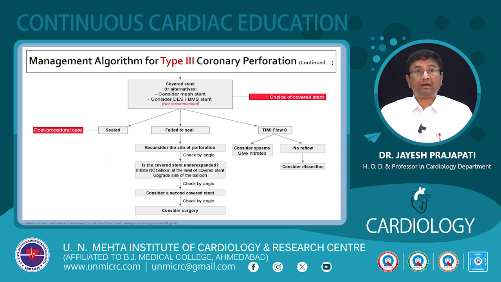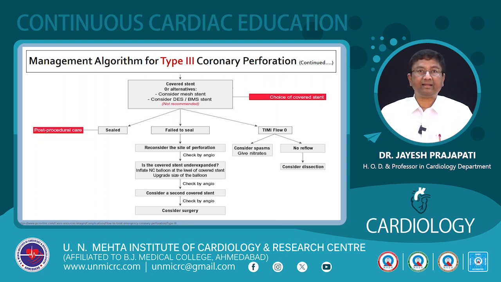And suppose there is a rupture into the cavity. Most of the time cavity rupture we can observe, and if it's a large perforation into the cavity, keep the balloon inflated, and most of the time it seals, but we have to look for the shunt later on by CT angiography. So into the cavity doesn't require much, but with hematoma and dry tamponade we have to be very careful.